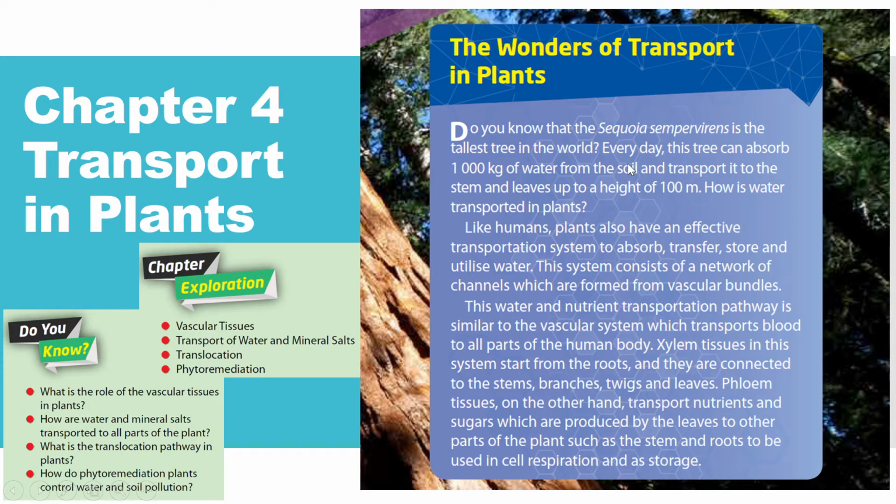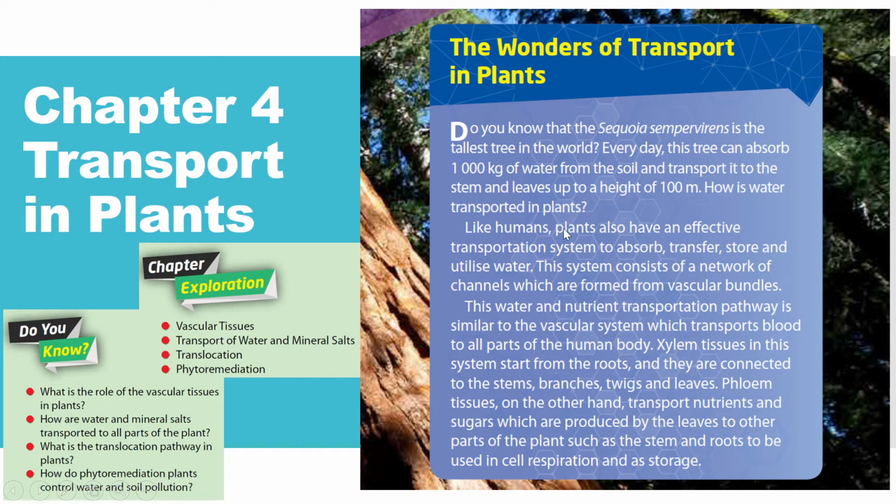Imagine the source of the water is from beneath. The root is the main organ absorbing water. And how is it going to transport it to the stem and leaves up to the height of about 100 meters? So this is what we'll be looking at.